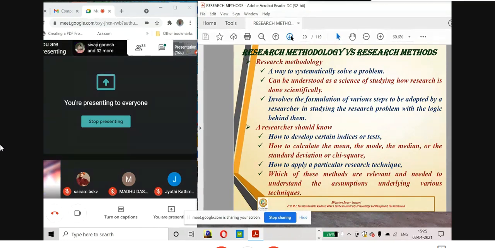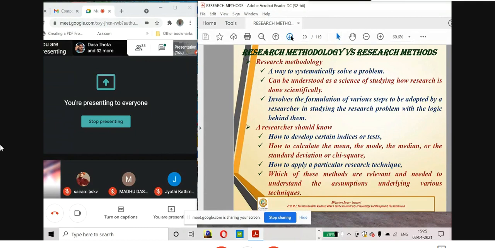So to validate your research or to analyze your results, there must be certain statistical tools. See, the mean, mode, median, and standard deviation tell about the variation of a particular parameter, how it is varying, what the mean is, what the standard deviation is. This is all required. And lastly, chi-square.